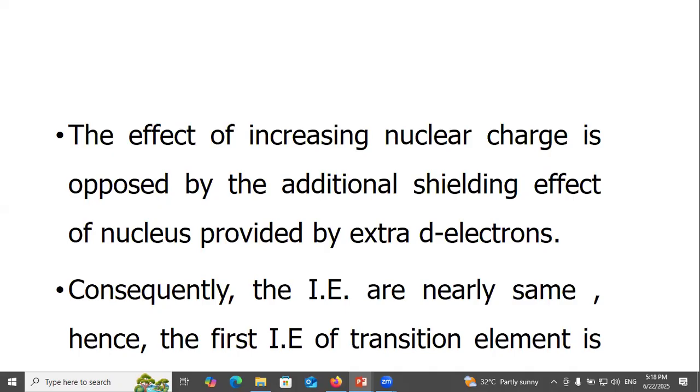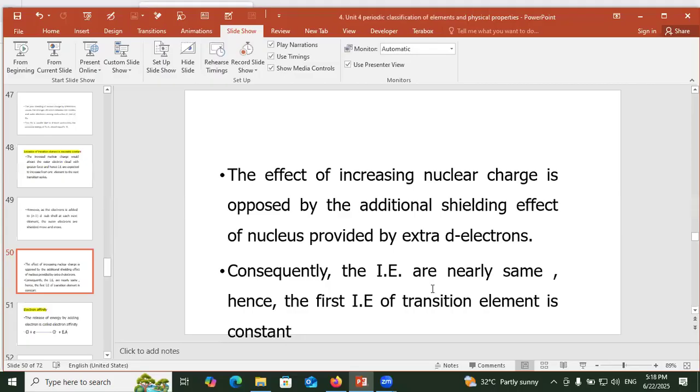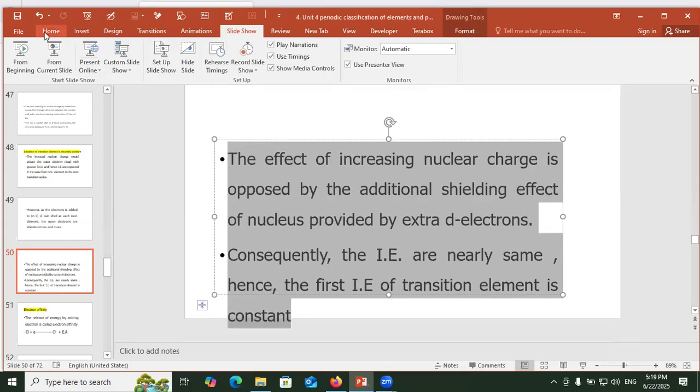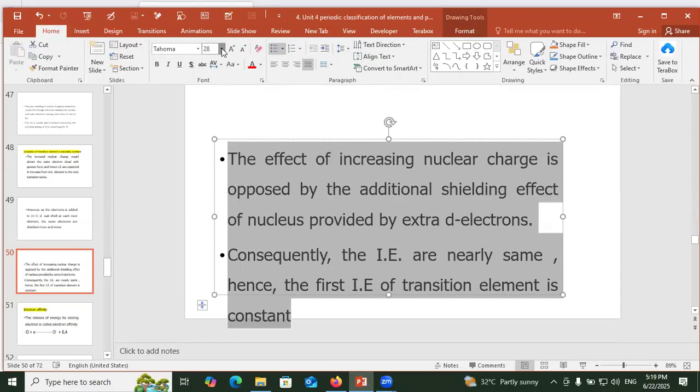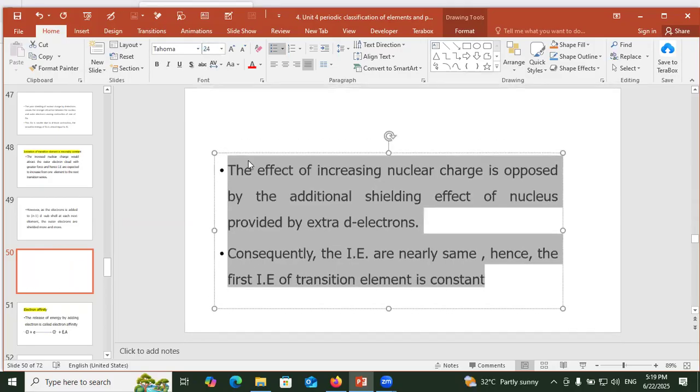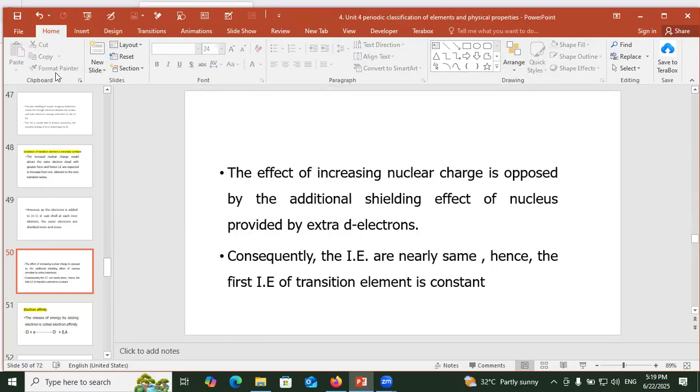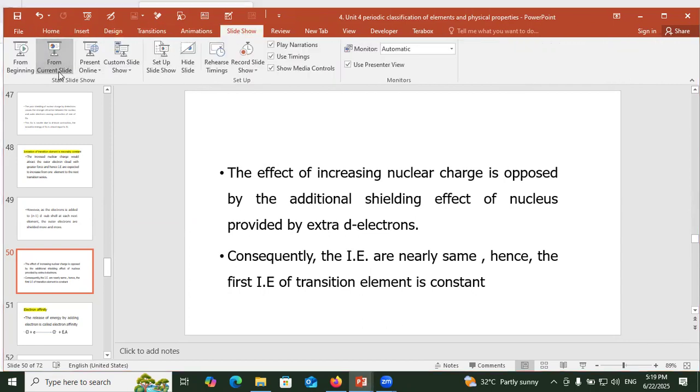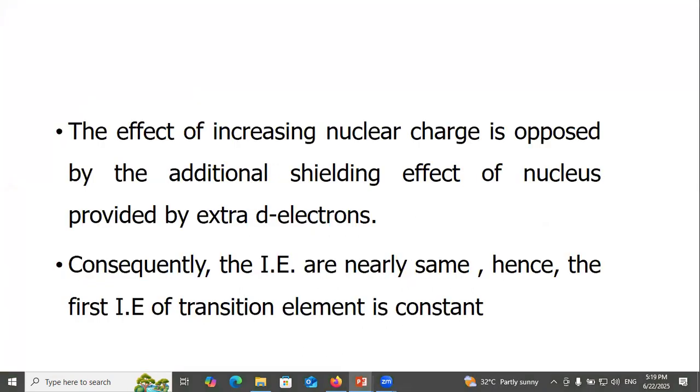Consequently, the ionization energies are nearly the same. Hence, the first ionization energy of transition elements is constant.